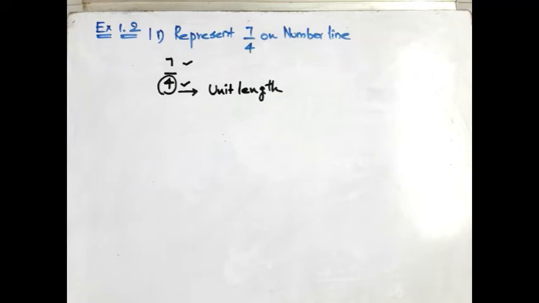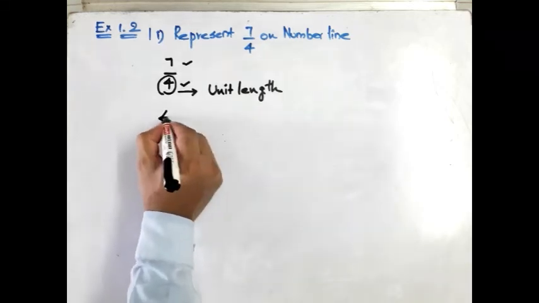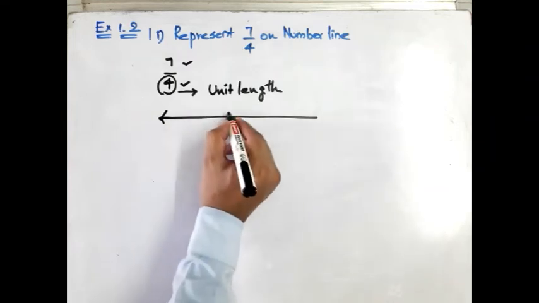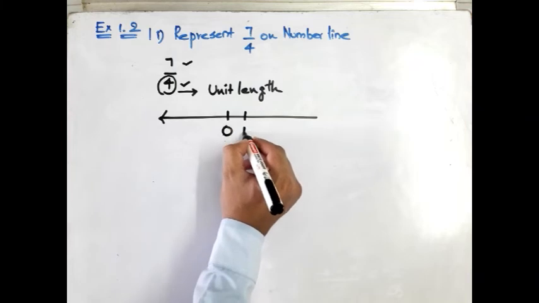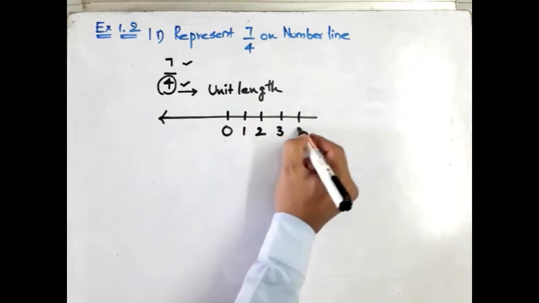So the denominator indicates into how many equal divisions a unit length has to be divided. So look, if we start writing a number line starting with 0, for example, next towards the positive direction 1, 2, 3, 4.